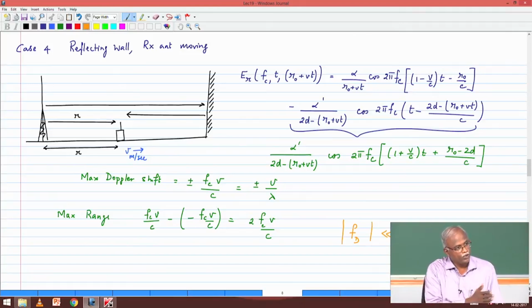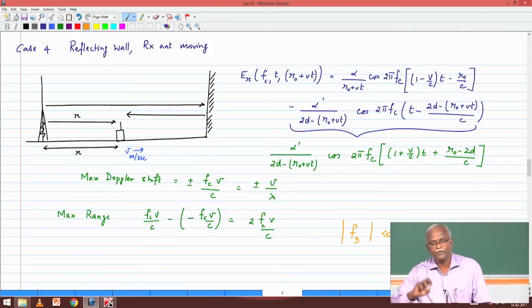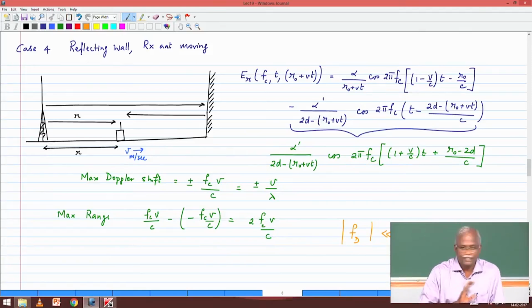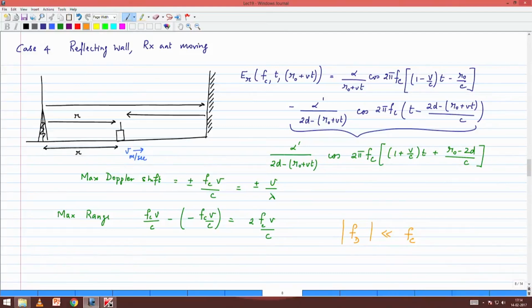There's a reflecting wall, you're moving to the right, there are two components. Basically there is one component with a positive Doppler shift, another component with a negative Doppler shift. That gives you a maximum Doppler range, range of Dopplers. And at the end of the day, the Doppler shift is something that is much smaller than the carrier frequency. It is also much smaller than the bandwidth of the signal. In most of the cases, we are talking about bandwidths of several hundreds of kilohertz or in the order of megahertz.